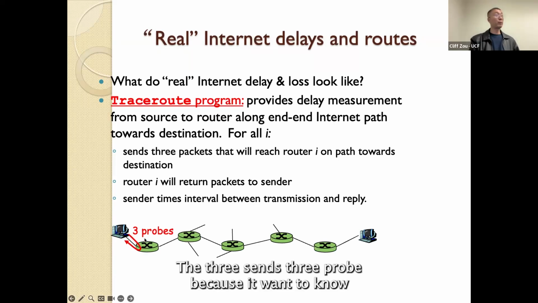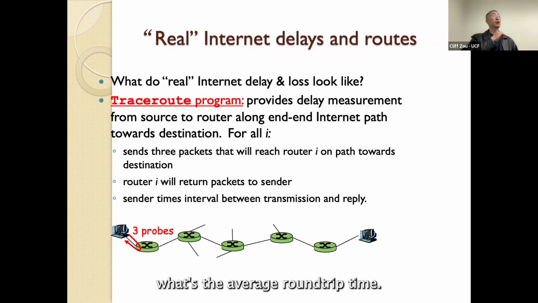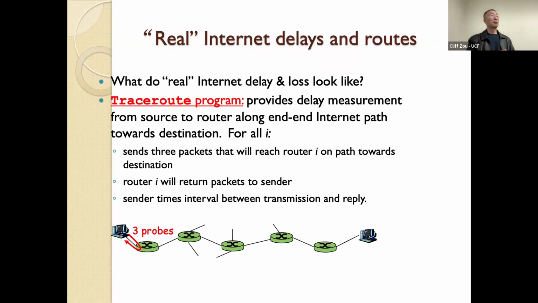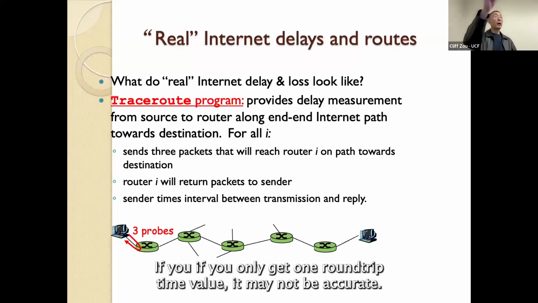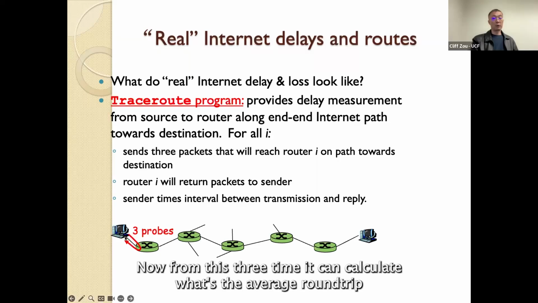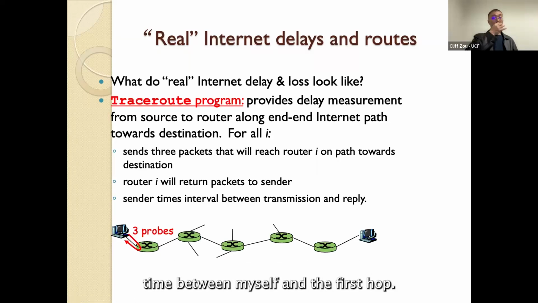Traceroute sends 3 probes because it wants to know the average round trip time, since network conditions can change very quickly. If you only get 1 round trip time value, it may not be accurate. So traceroute sends 3 times, and from these 3 times it can calculate the average round trip time between myself and the first hop.